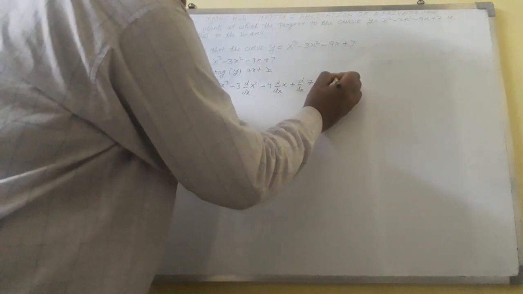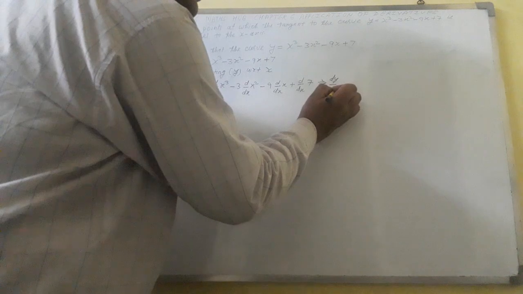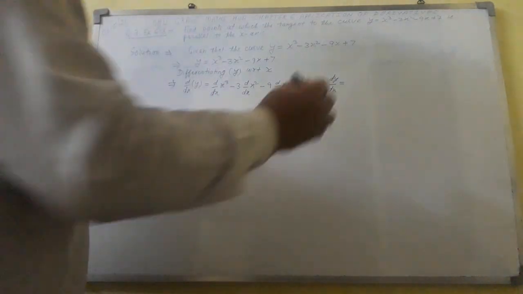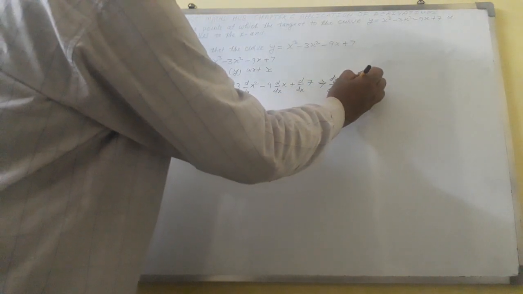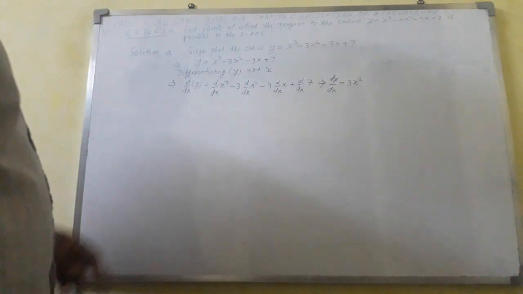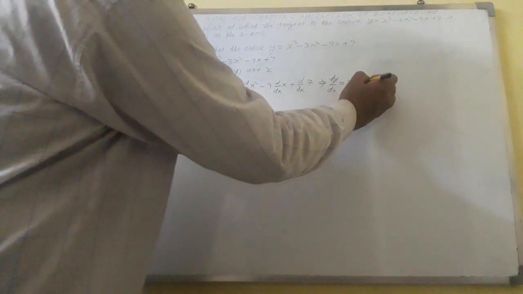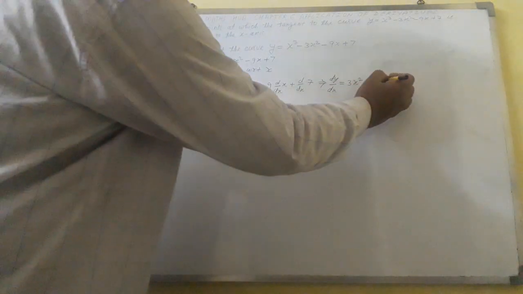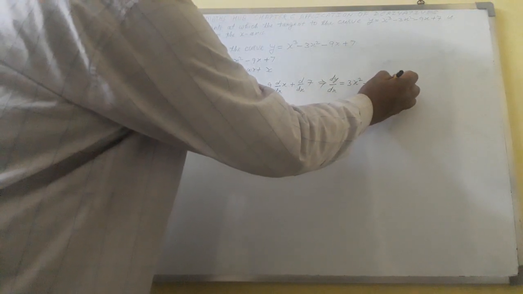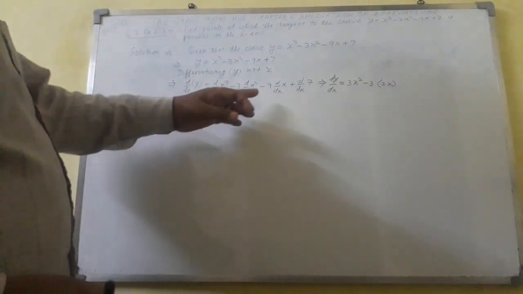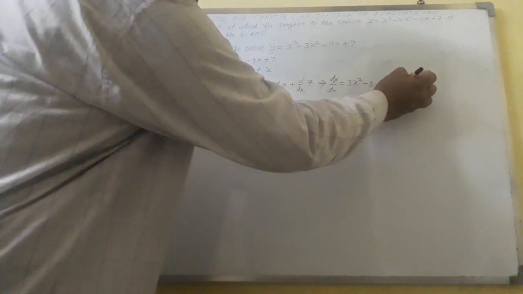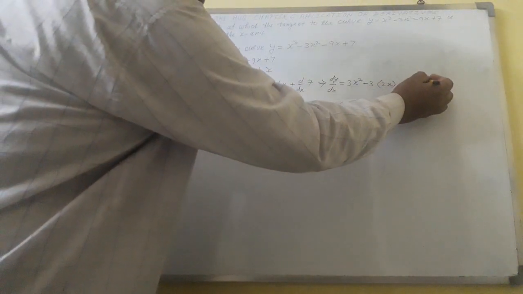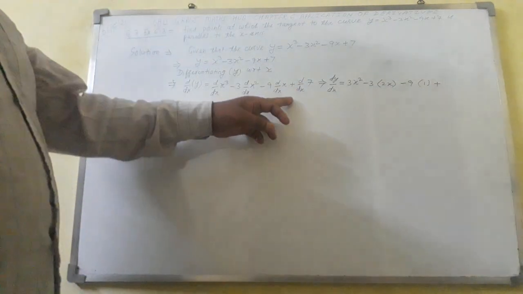So dy over dx equal to d over dx of x cube, which comes out to be 3x square, minus 3 times d over dx of x square, which comes out to be 2x, minus 9 times d over dx of x, which comes out to be 1, plus d over dx of 7.